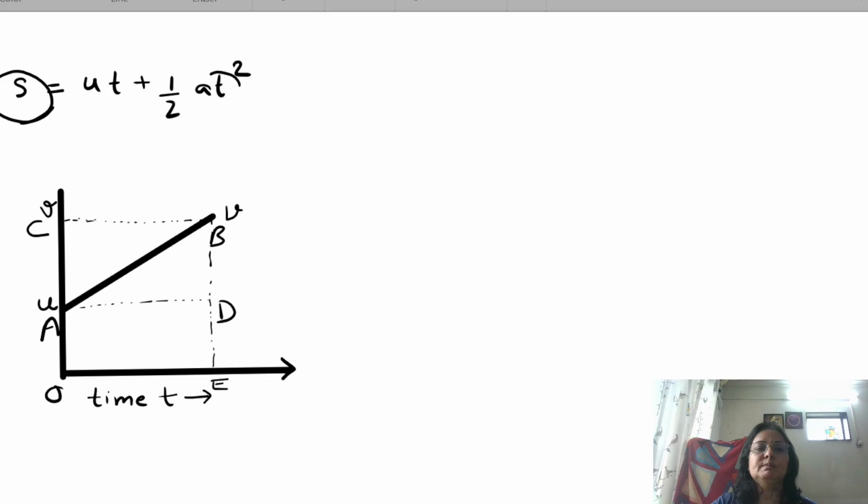So if you look at this graph, we know that the area of quadrilateral OABE is nothing but this result.